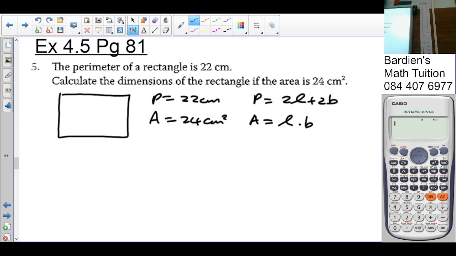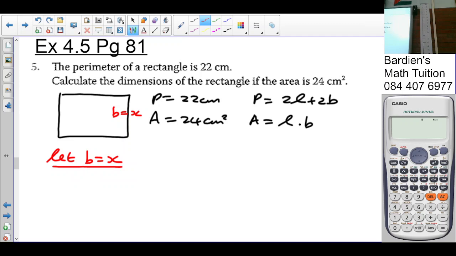Okay. So what I can say is, let the breadth be x. If you are comfortable with working with the variables L and B, you can use it like that, it doesn't matter. But what I found over the years was, learners find it easier to work with an x. So your breadth is x. What we're going to do is work out our length in terms of x.